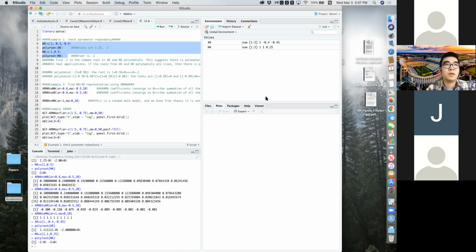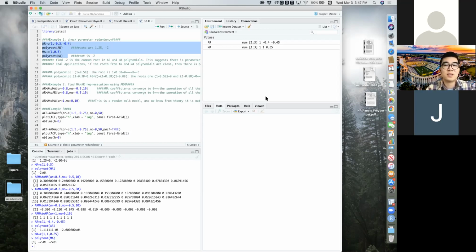From the previous slides, we have that type of table. If the ACF cuts off at lag Q, then we have an MA(Q) model.